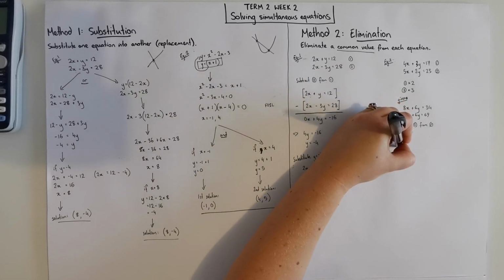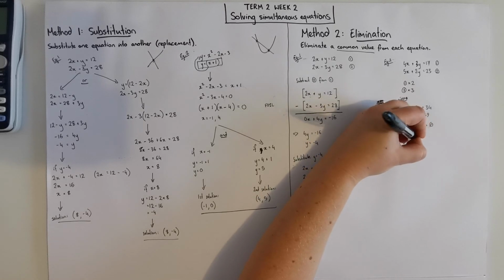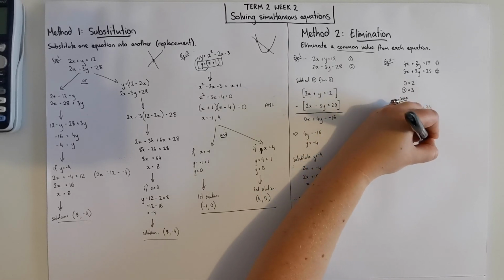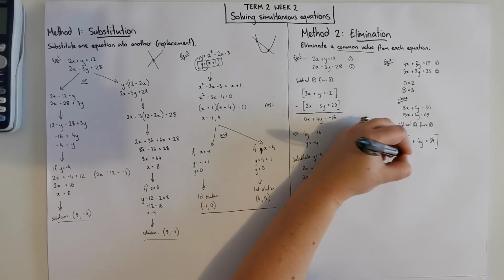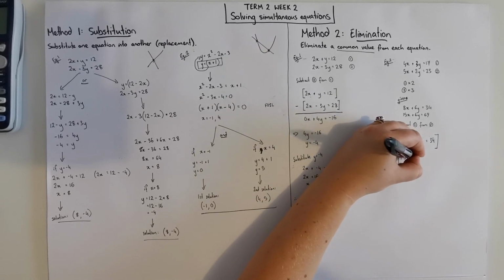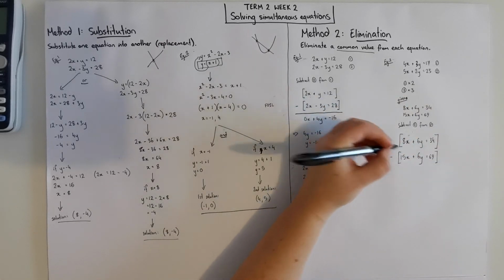So, using my same system, that will leave me with 8x plus 6y equals 34. Subtract 15x plus 6y equals 69.